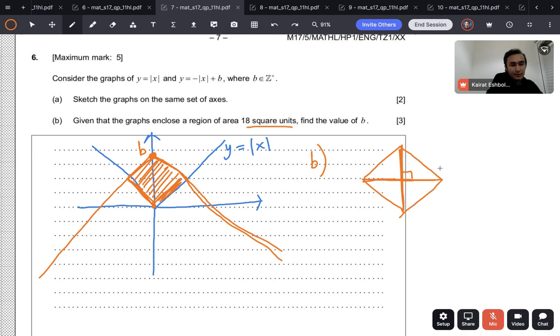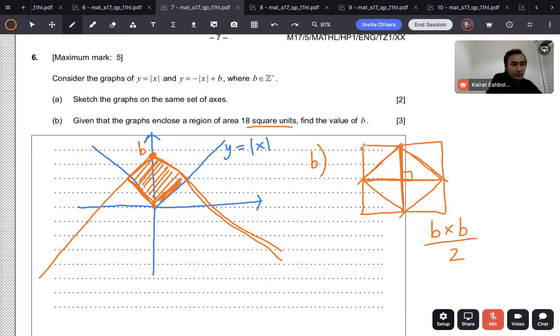But how to find the area of this? Of course, we can multiply side times side, but we can also multiply the diagonal times diagonal, which is b times b, and then we have to divide this by 2. Memorize, guys, for the square, diagonal times diagonal, divided by 2 is the area. Now, why is that? It's because you can complete this into another square like this.